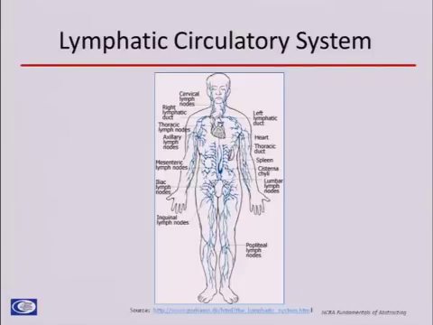We'll talk about the reasons for that as we move through. But while the blood circulatory system will intermix with the lymph, the lymph in the blood never mixes with the lymphatic system. So it's a one-way street there.